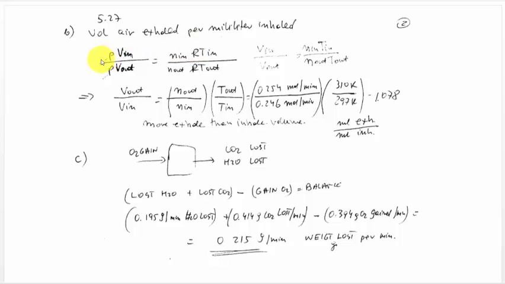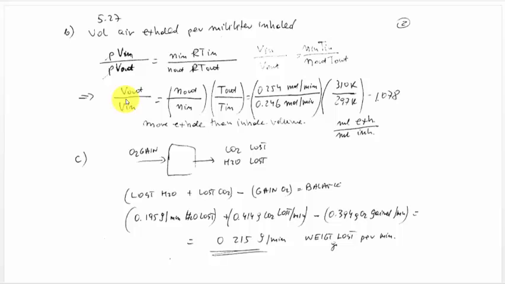When we take the ratio of PV in over PV out, that is equal to n in R T in divided by n out R T out. The pressure cancels off because the pressure is 1 atmosphere, and the gas constant cancels off as well. So the volumetric flow rate in over the volumetric flow rate out is equal to the molar flow rate in times temperature in divided by the molar flow rate out times temperature out.